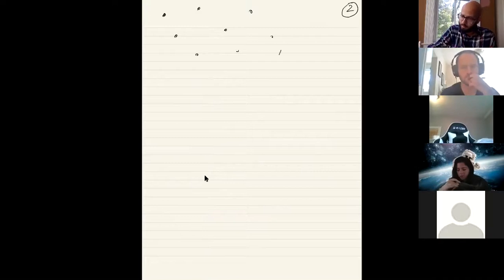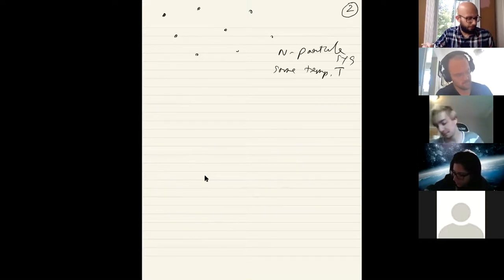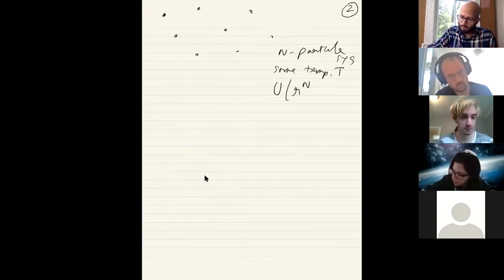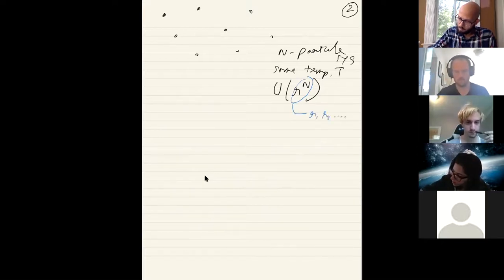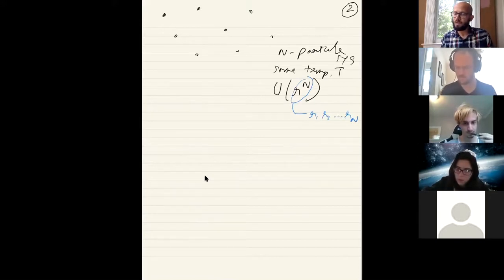We are interested in an N particle system at some temperature T, with some interaction potential U(r^N), where this r^N, as I described in our first Zoom lecture, is a collective way of writing r1, r2, ..., rN. So the superscript means all capital N particles are considered at the same time. So we have this generic potential.